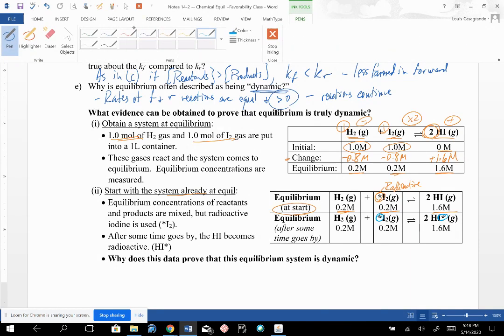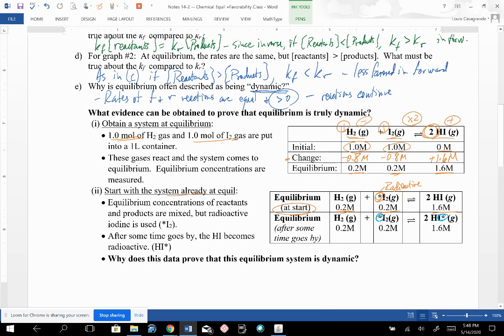So in order to make radioactive HI, the forward reaction must occur.